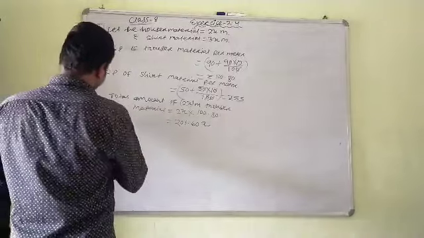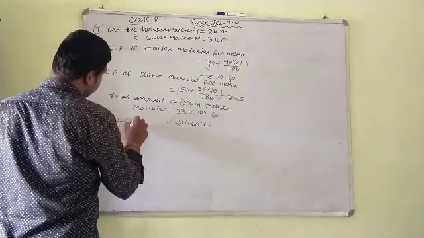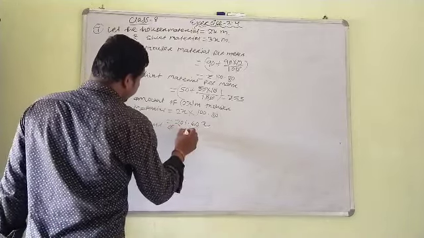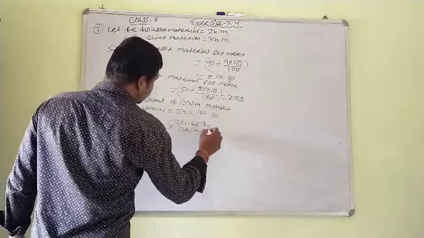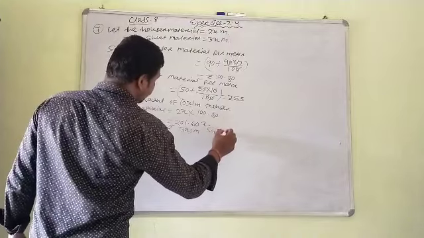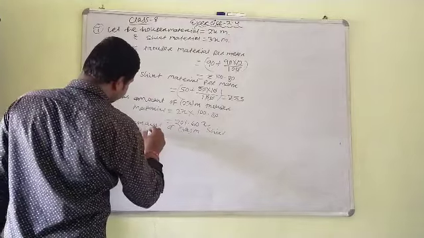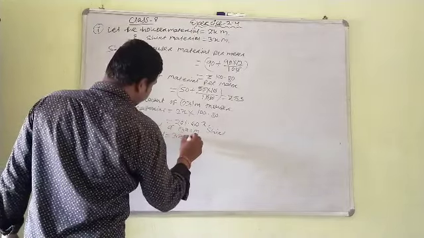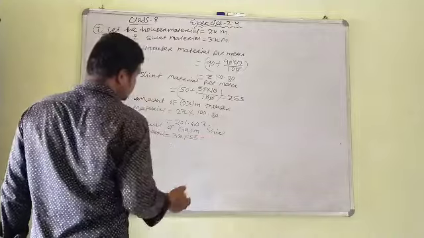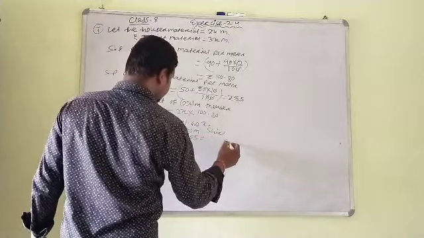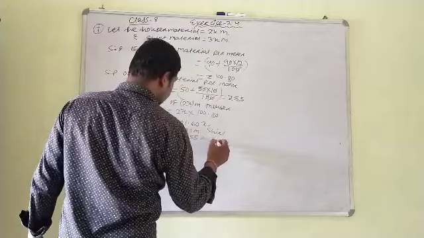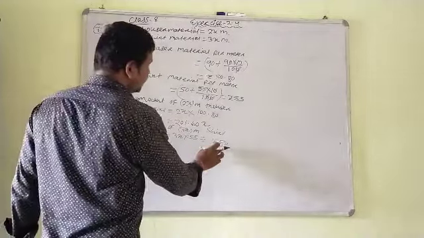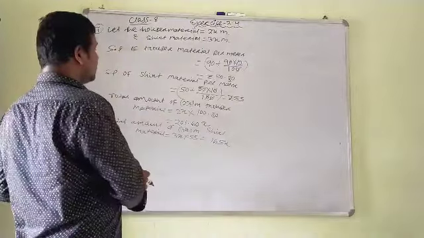Okay. Then total amount of 3x meter shirt material equal to 3x into 55, which is equal to 165x.